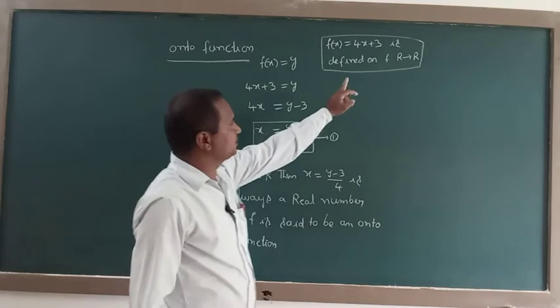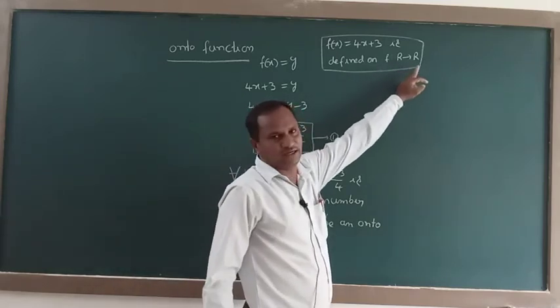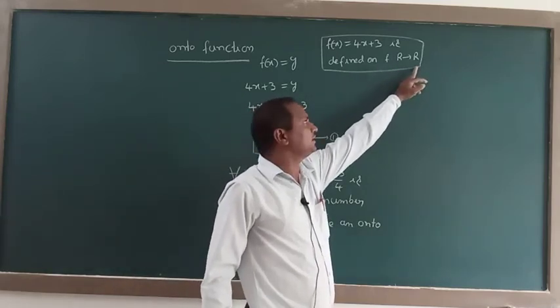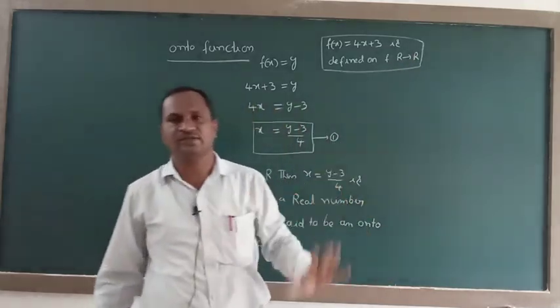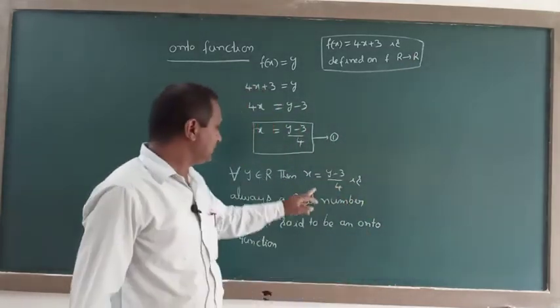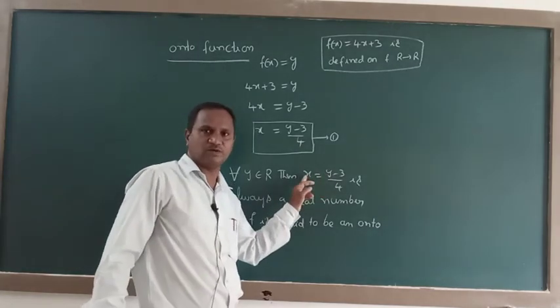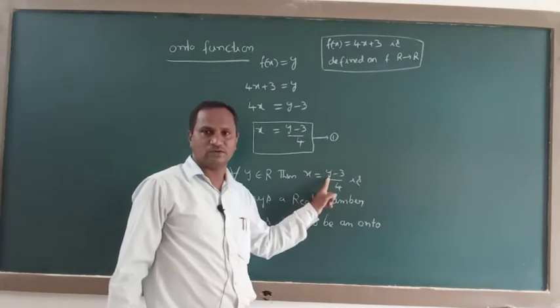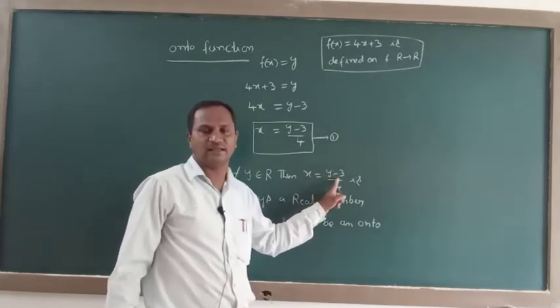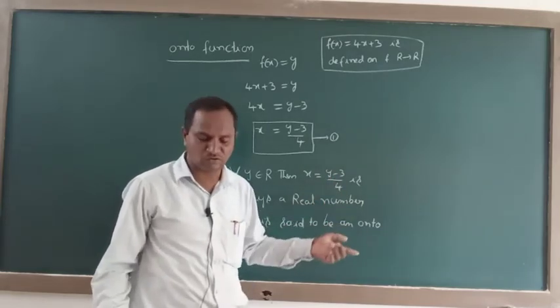R to R means any real number should get a real number. If we can get that, then f is an onto function. You can take any real number y, then x also becomes a real number. For example, take y is equal to 4. 4 minus 3 is 1, by 4, x is equal to 1 by 4.